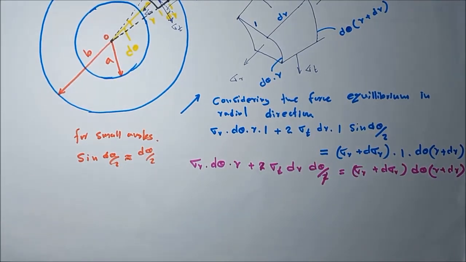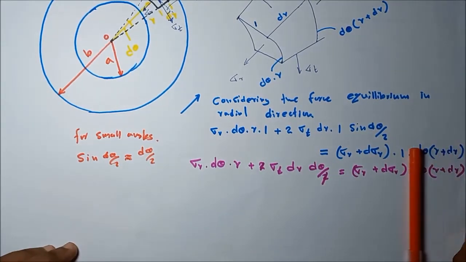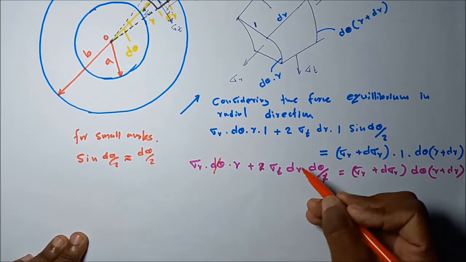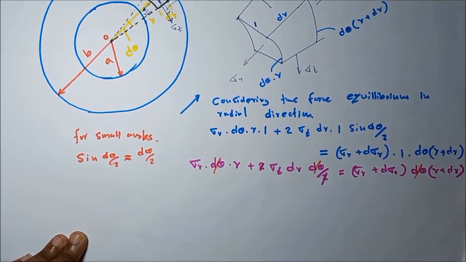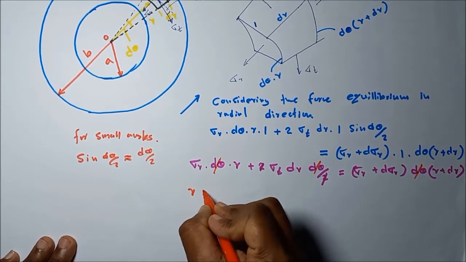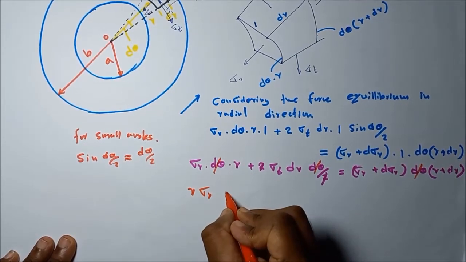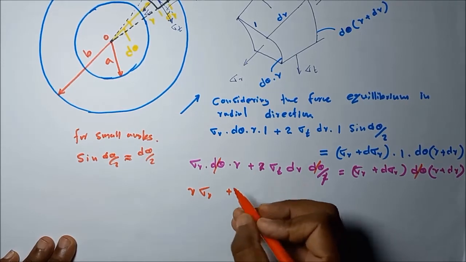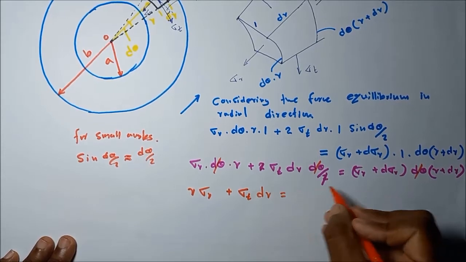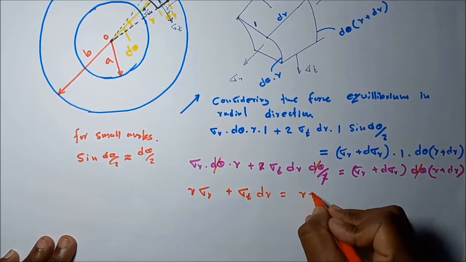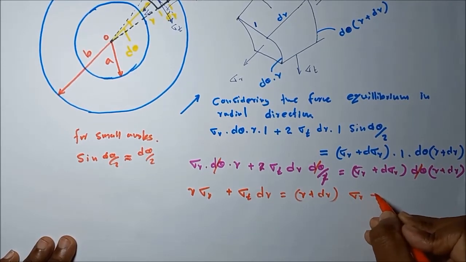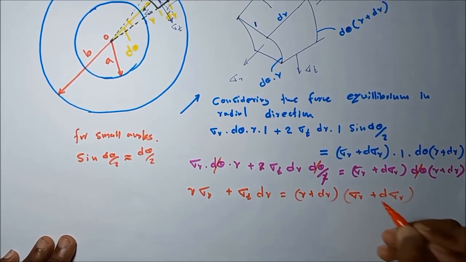Then again you can see d theta is a common term, so I'm going to cancel d theta from the entire equation. Then our equation reduces to r sigma r plus sigma t dr is equal to r plus dr into sigma r plus d sigma r.